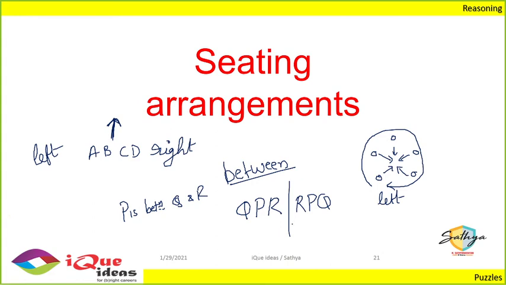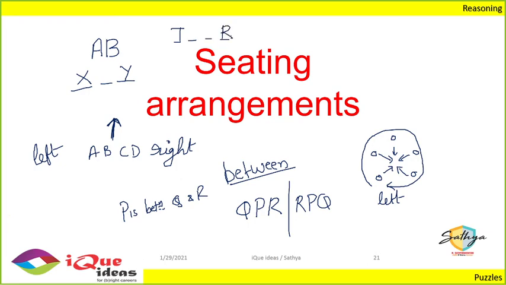This point is very important because many students forget there are two possibilities to place a person in between others. Right? Okay. Now, if it is said A is to the left of B, then A is to the left of B. If it says X is second to the left of Y, then X is second to the left of Y. R is third to the right of T. So T 1, 2, 3.